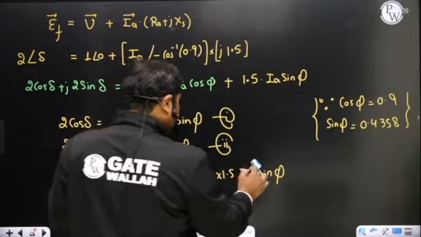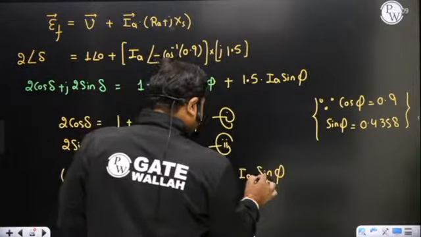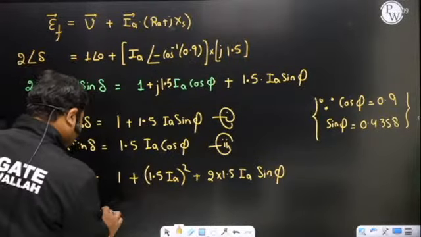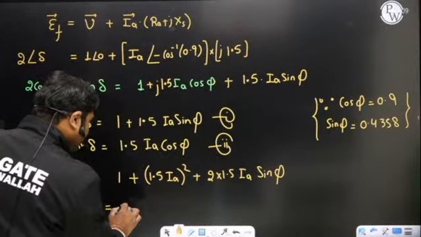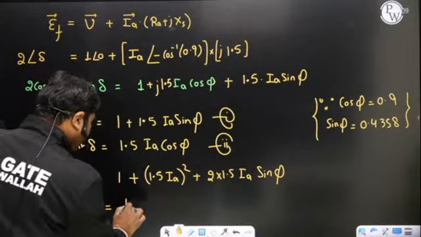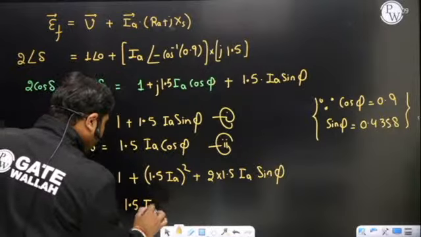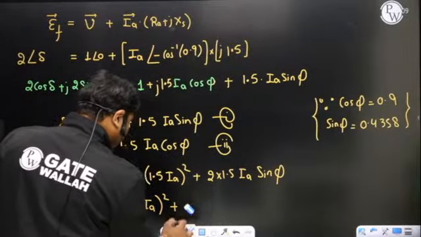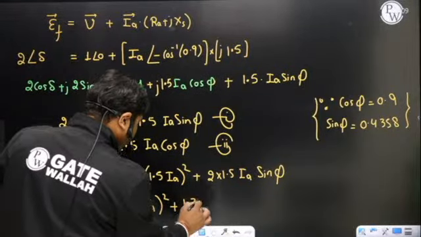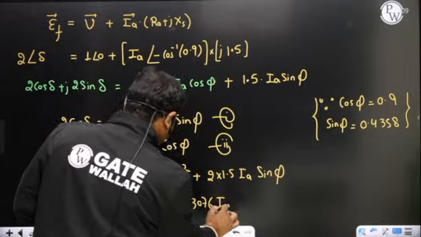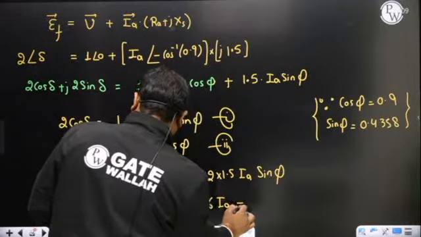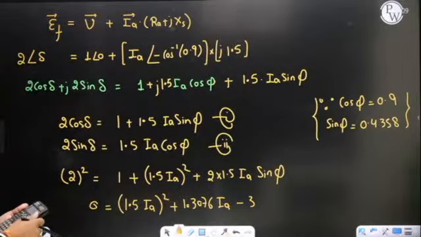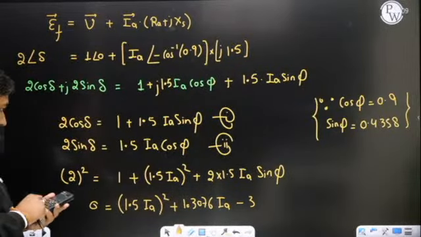This is IA square, so we can write it as 1.5 IA whole square plus 1.3076 IA minus 3.